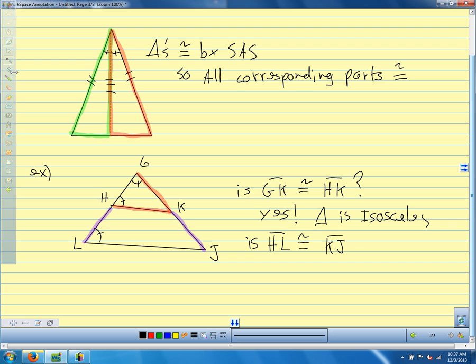What do we think on those two? Do we know for sure? We can't really tell, can we? We know that the big triangle, this whole side, would be congruent to that whole side because the big triangle is an isosceles triangle also, but this is only a piece of it. So we can't really tell.